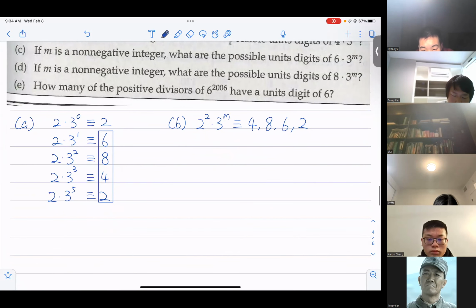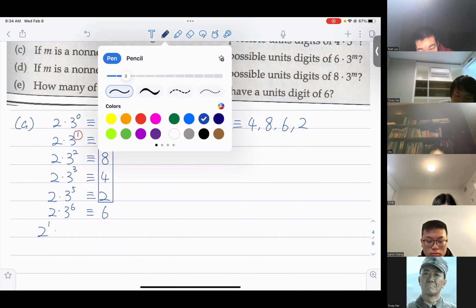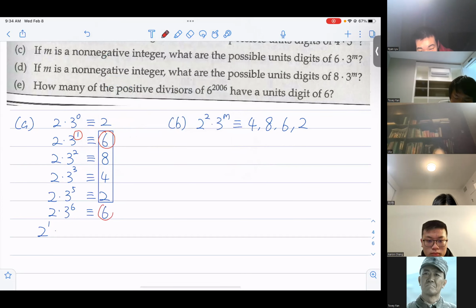So what this tells us is that if you have 2 to the power of 1, in order to have a unit digit of 6, you have to get 3 to the first power, or the next one is 2 times 3 to the power of 5.